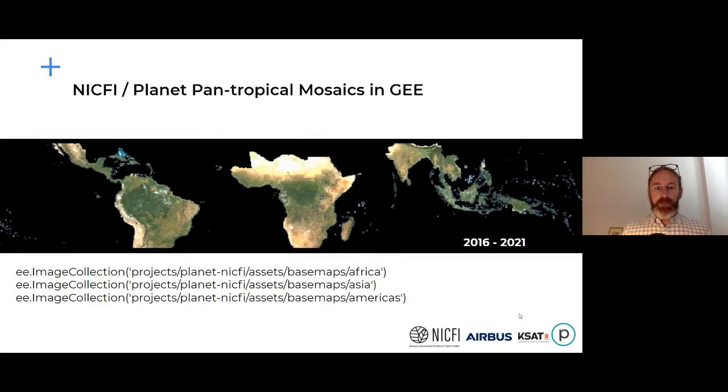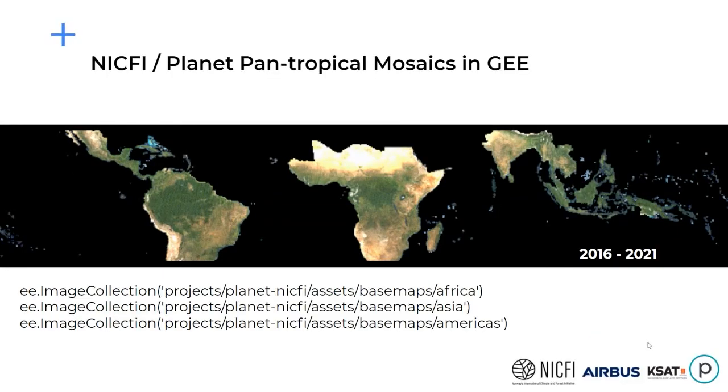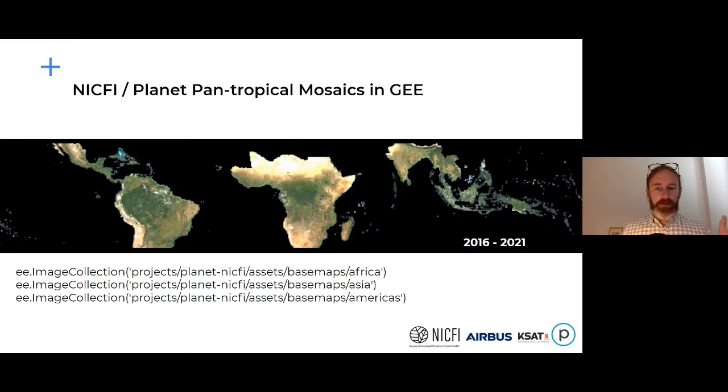So this is just an example of how the data look when they're set out across the entire Pantropics in their natural color, and they're animated by a monthly time step, or by the time step available with the base maps. They behave just like normal image collections, just like Landsat, Sentinel-2, other image collections. They natively come in 3 separate regions: the Africa region, the Asia region, and the Americas region.